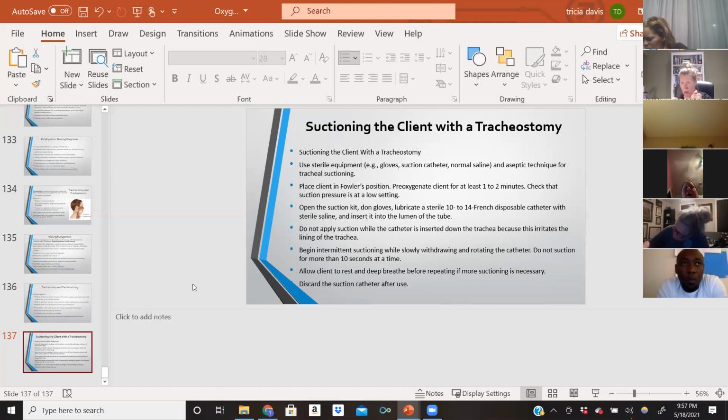We never just hold pressure with our thumb. We always tap it while we're circulating it and bringing it out. We don't want to suction more than 10 seconds at a time. You want to re-oxygenate them in between, give them periods to rest and take a deep breath before you repeat it if suctioning is necessary.